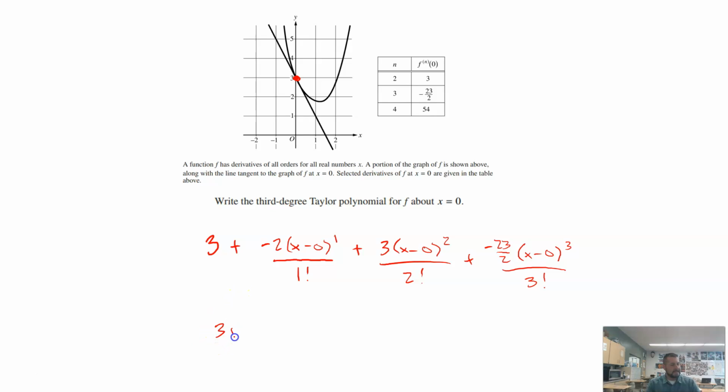If you look at it simplified, it simplifies down to this, and we'll need this later in the problem, so that's why I'm simplifying it. So I get 3 minus 2x plus 3 halves x squared minus 23 over 12 times x to the third. There's my polynomial, and either one of those answers works just fine.